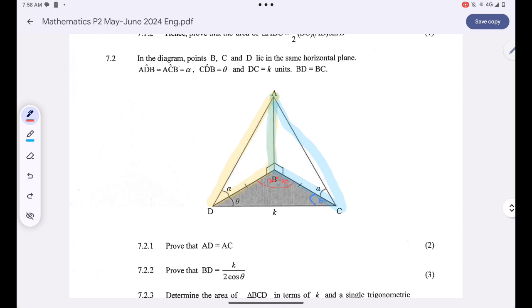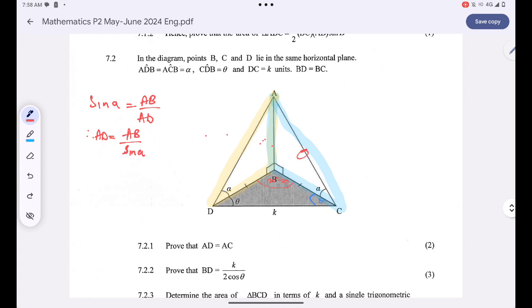I can simply say that the sine of angle A in this triangle is equal to opposite AB over the hypotenuse, which is AD. Therefore, AD will be equal to AB all over sine A or sine alpha.